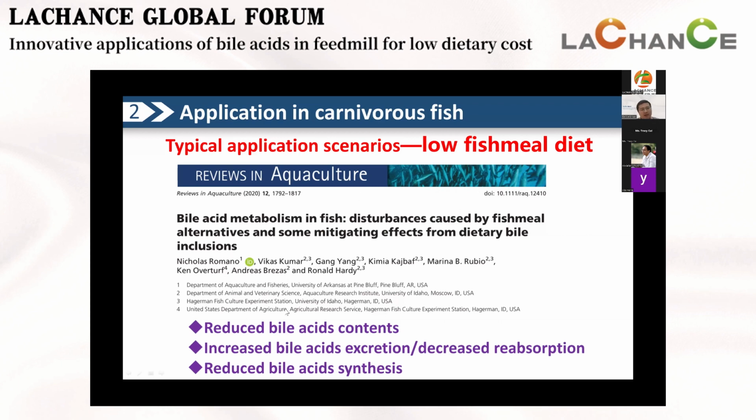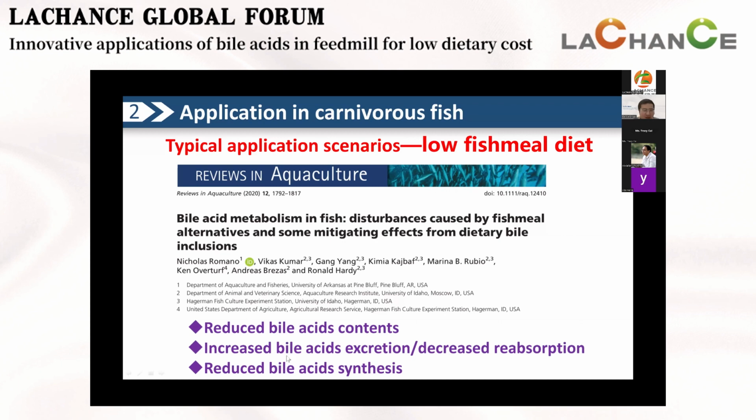And why would the bile acids be reduced in the low fish meal diet? We think it's mainly due to 3 reasons. The first is the bile acids content is reduced, because bile acids are higher in the fish meal and animal protein, but very low or zero in the plant protein. So if you replace the fish meal, the bile acids content will be reduced.